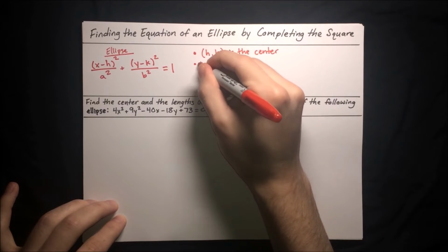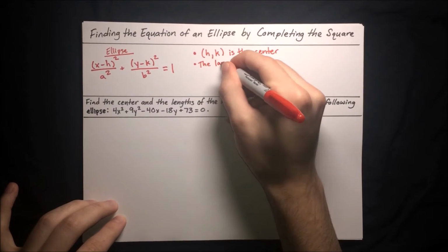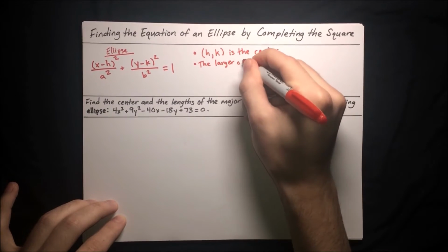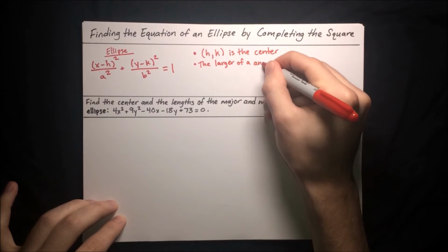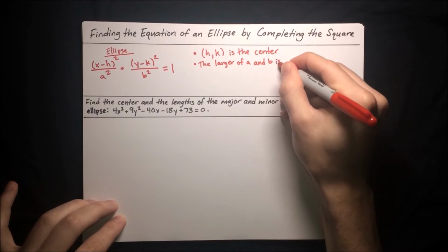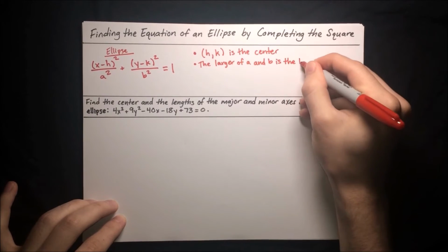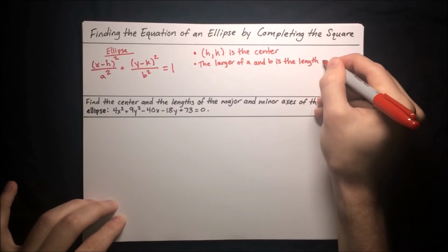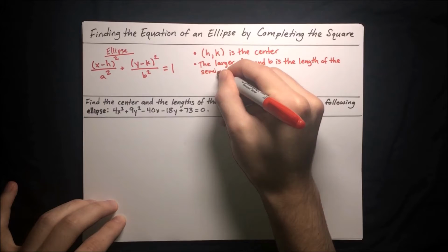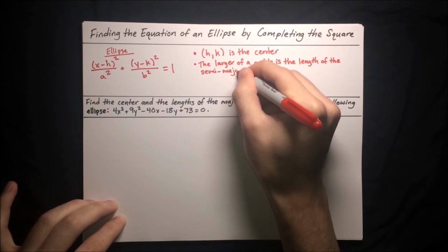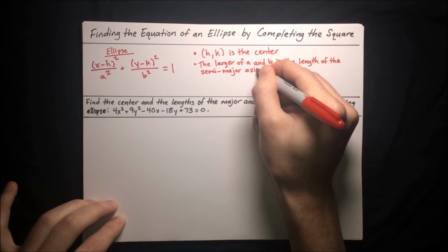Well, the larger of a and b is the length of the semi-major axis.